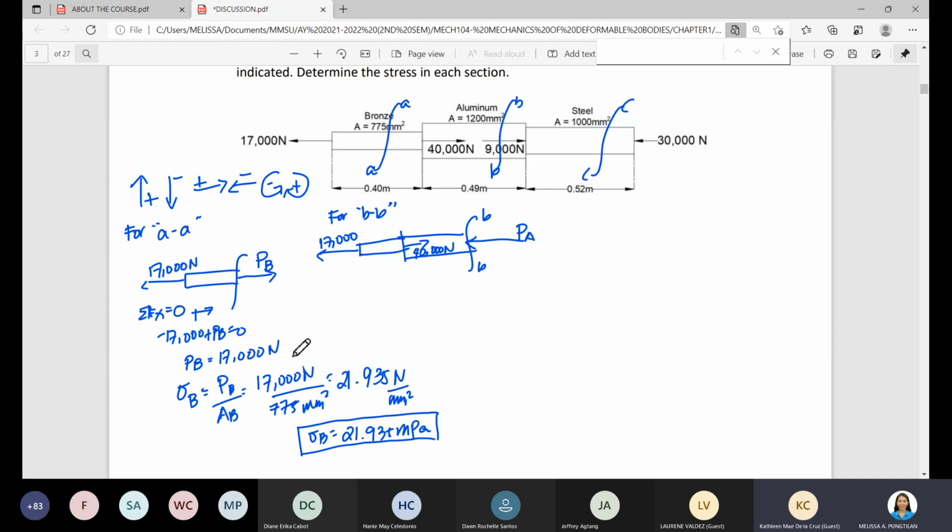So tension. So we have here, taking the summation of forces along x direction is equal to 0, to the right as positive. So we have negative 17,000 plus 40,000 minus PA is equal to 0. So yung force natin for the aluminum is equal to 23,000 Newton compression.